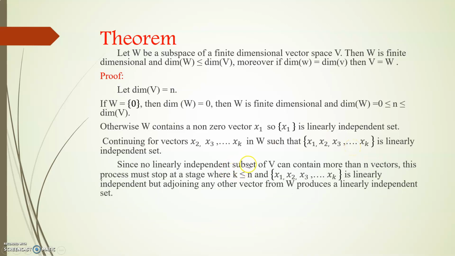Since no linearly independent subset of V can contain more than n vectors, this process must stop at a stage where k is less than or equal to n, and x1, x2, x3, etc., xk is linearly independent, but adjoining any other vector from W produces a linearly dependent set, which implies x1, x2, etc., xk generates W, and hence it is a basis for W.